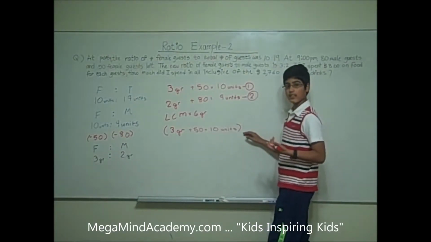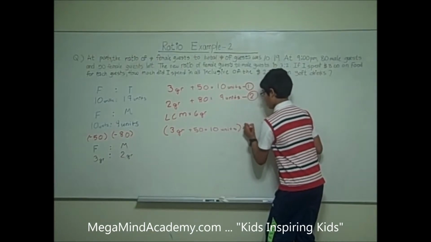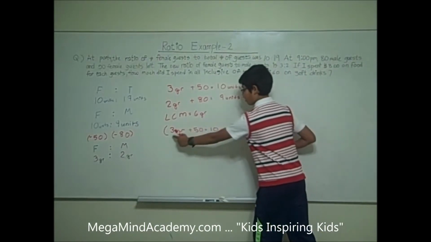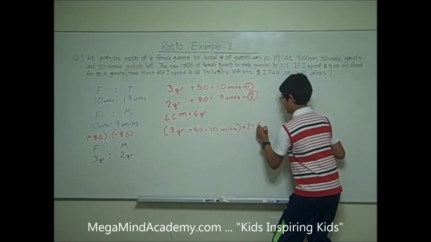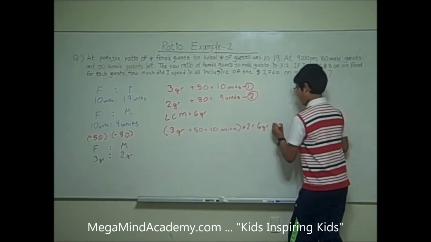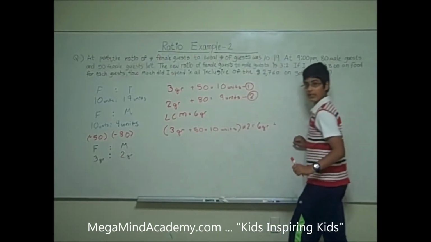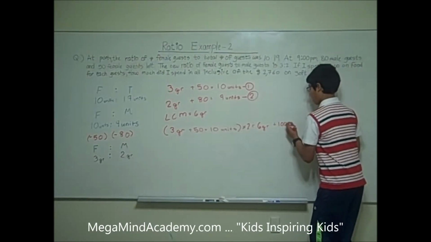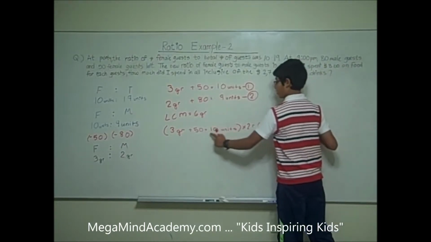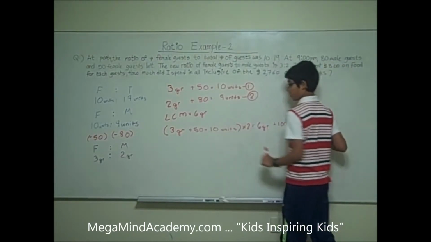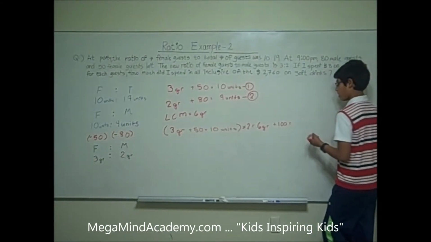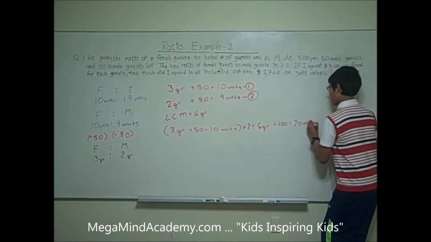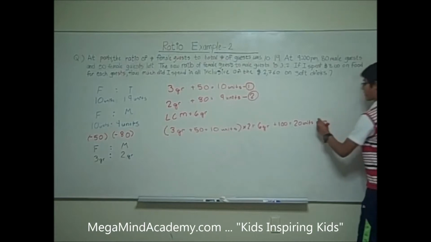This is equal to 2 times 3GR is 6GR plus 2 times 50 is 100, is equal to 2 times 10 units, which is equal to 20 units. This is equation 3.